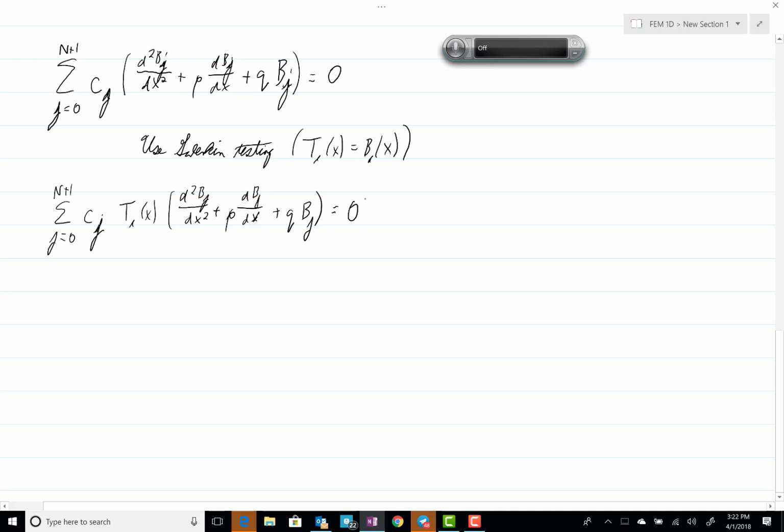And now we will integrate both sides from 0 to L and see what happens.